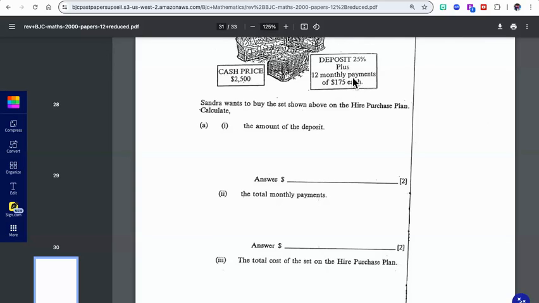Now, whenever we're finding the deposit or the down payment, it is always of the cash price. So we're going to find 25% of the cash price. What is the cash price? Someone again type in the chat.